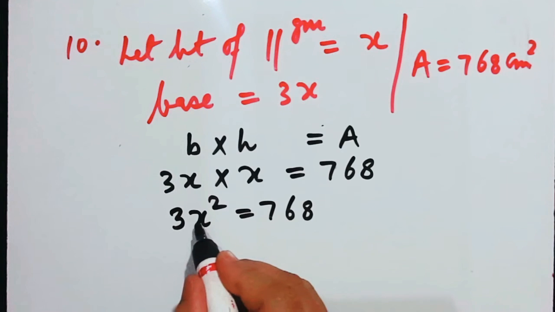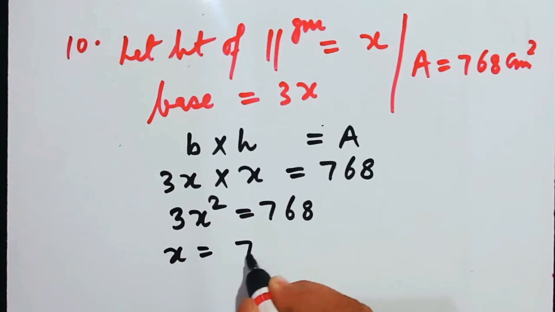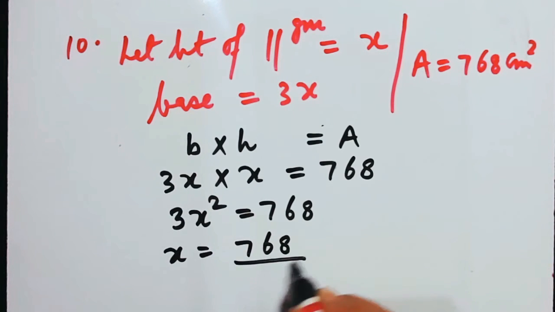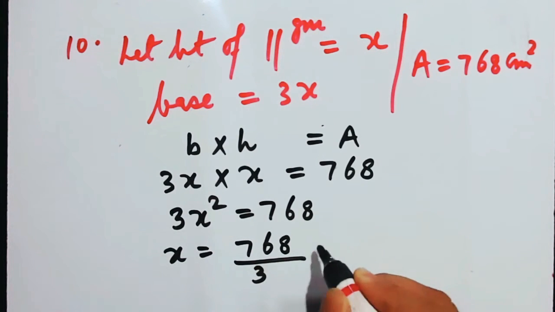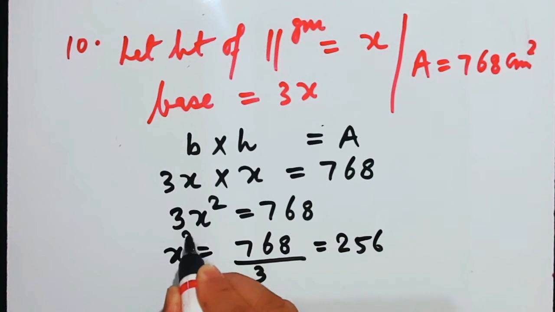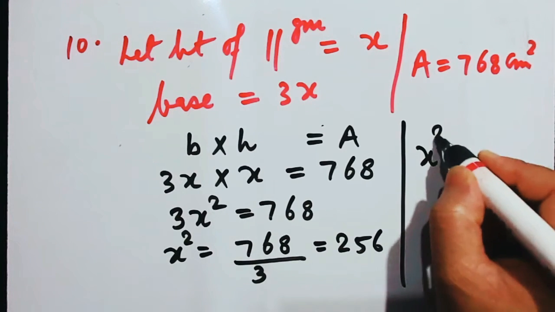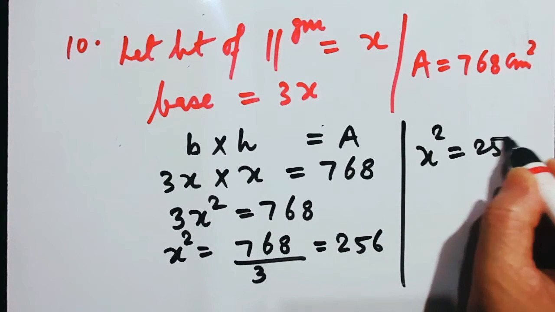Now we need to find out the value of x. Therefore x square will be equal to 768 divided by 3, which will give you 256. Here I had forgotten to put square. Now x square is equal to 256.